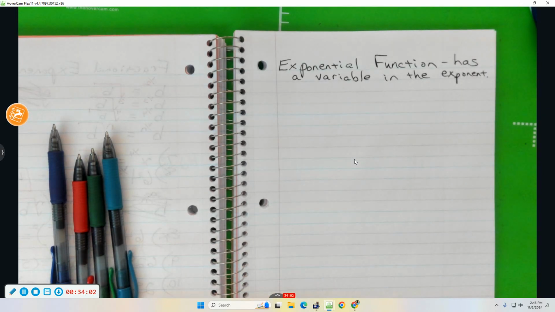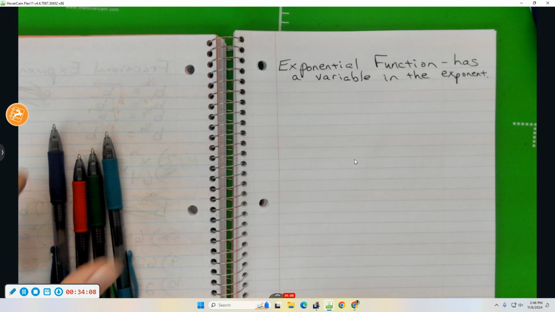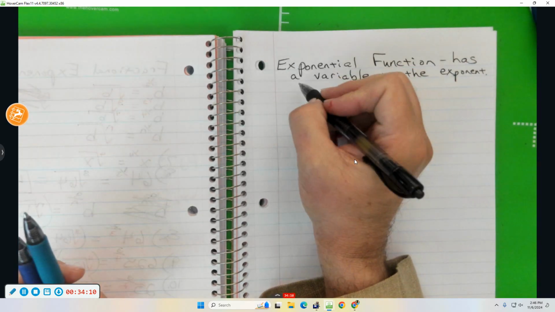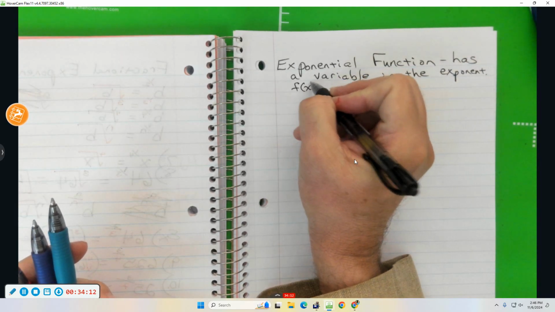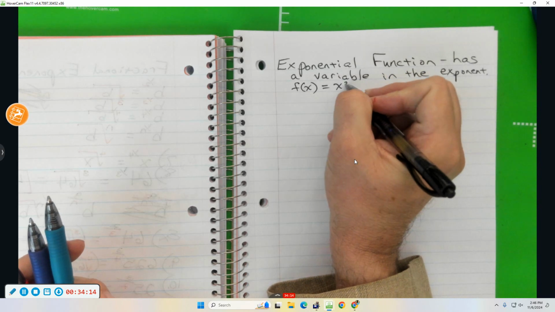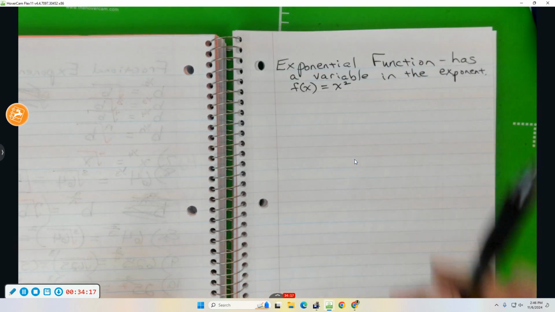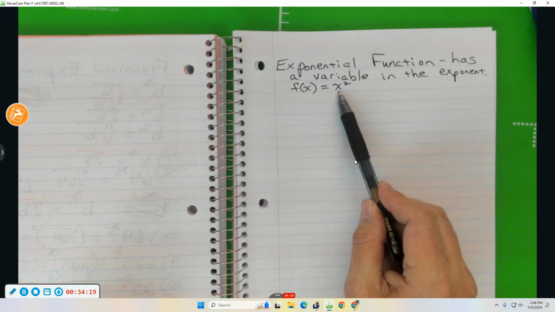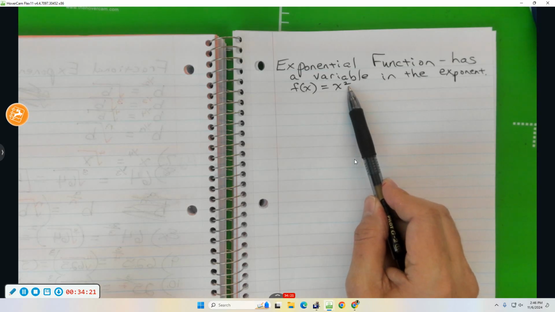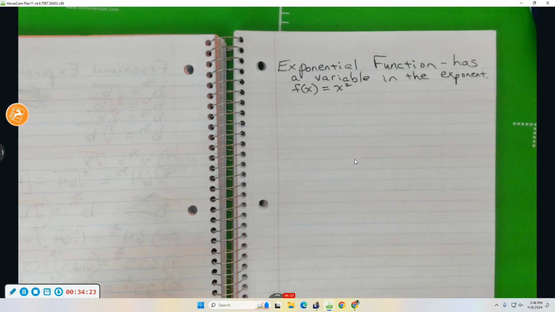In order for a function to be exponential, it has to have a variable in the exponent. We've seen things like this. F of x equals x squared. We've seen the variable in the base, and the power is just a number. That's what, quadratic?